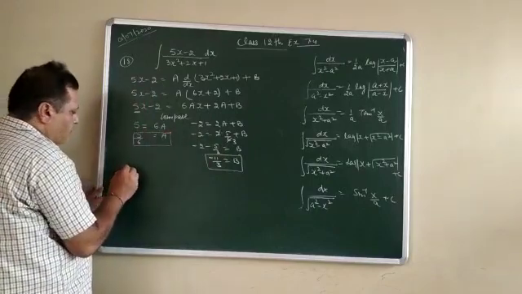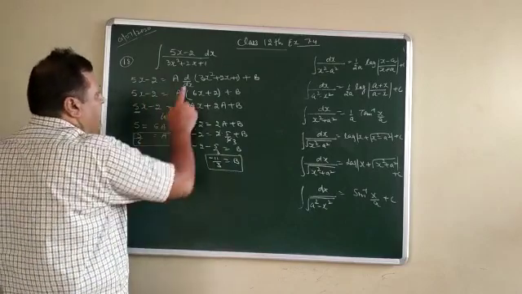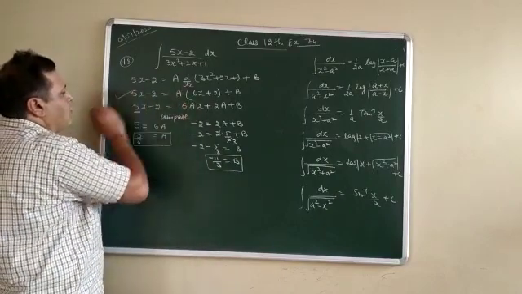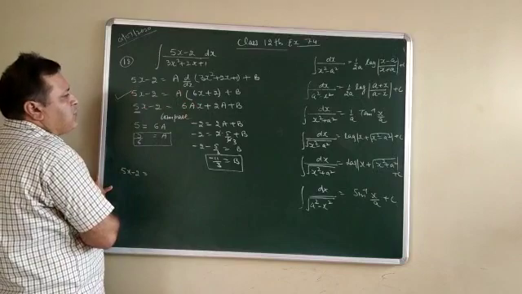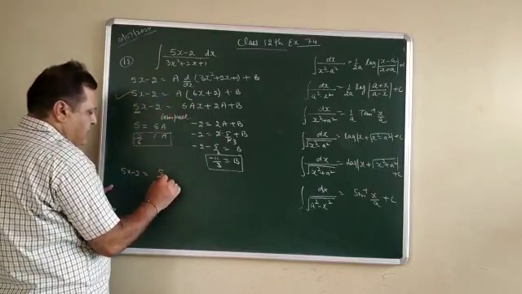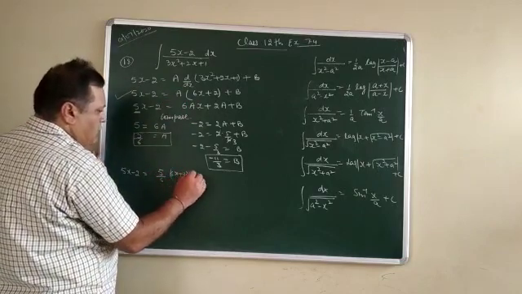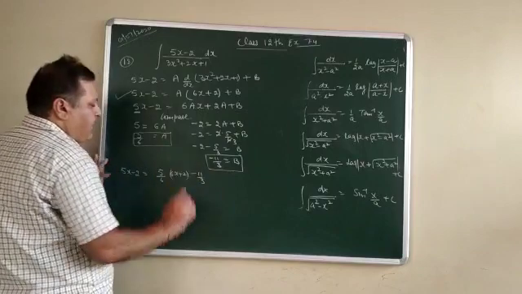Now 5x minus 2 can be written as, substituting the values always in the step in which you took the derivative, 5 by 6 into 6x plus 2 minus 11 by 3.